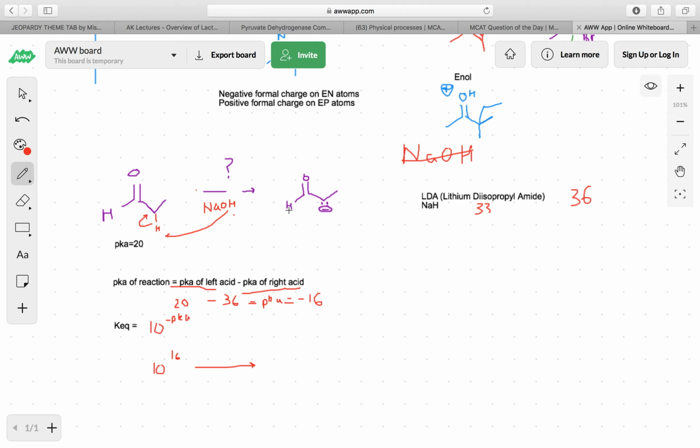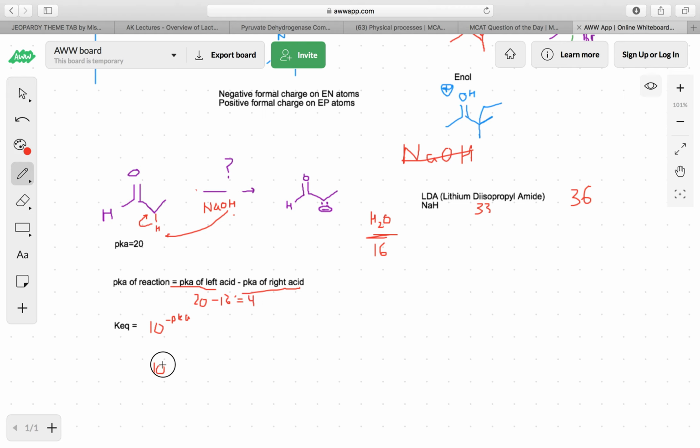We form our conjugate base here, and since our OH grabs a proton, it's going to form water. Well, let's erase this first. So we know that the pKa of the acid on the left is 20, and the pKa of the acid on the right, which is water because the water grabs the proton, is about 16. So if I plug it into this formula, it's going to be 20 minus 16. So you get about 4 for the pKa of the reaction.